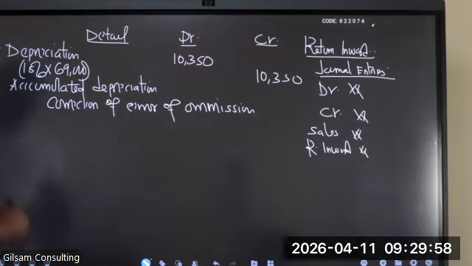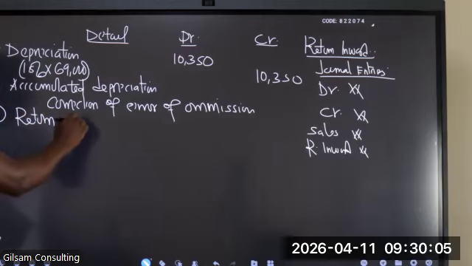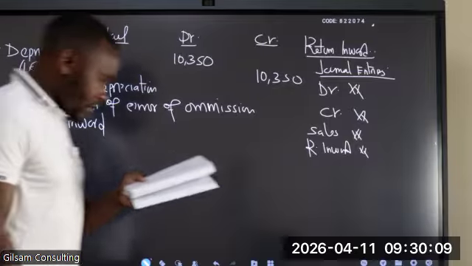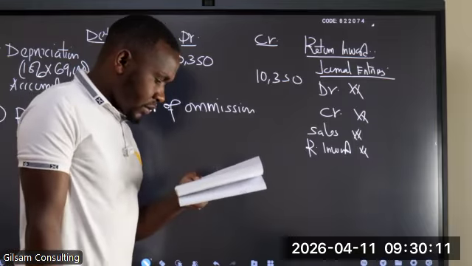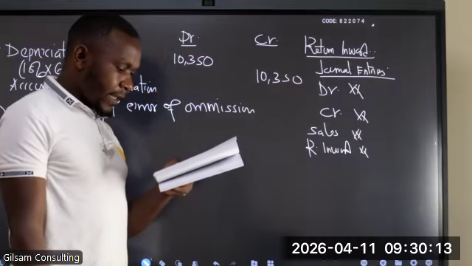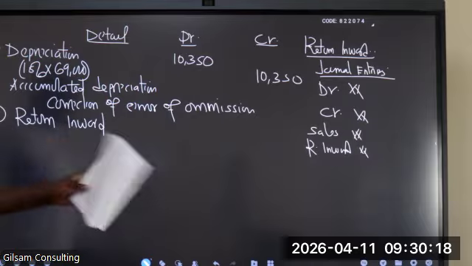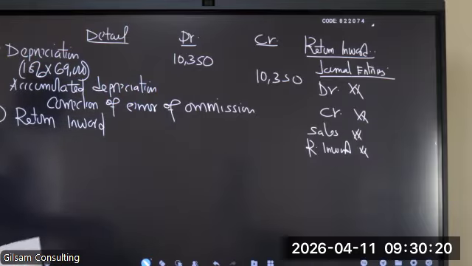So let's correct that one. Number 5. Return inward was erroneously entered in the purchase book.